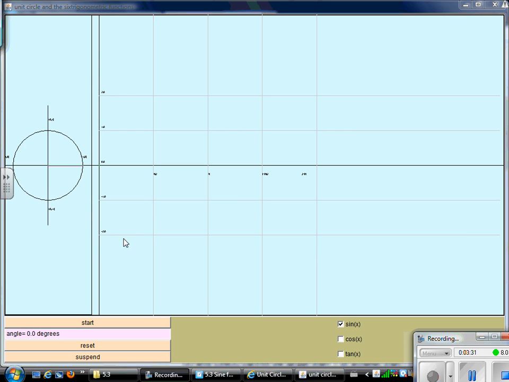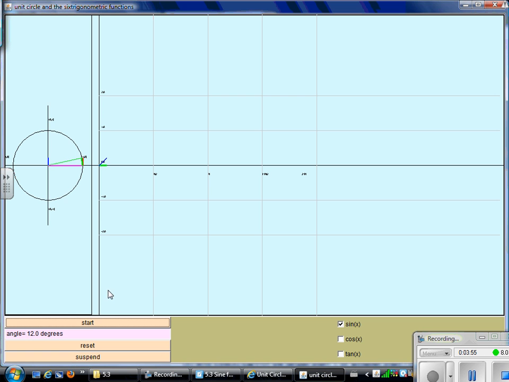Okay, so here's this little applet. So what's going to happen, remember, as I said, we're going to be going around, so we're going to be increasing our values of theta, okay? And those values are going to be transferred to the x-axis. And the measurement that we're looking at is what's going to be graphed, okay?